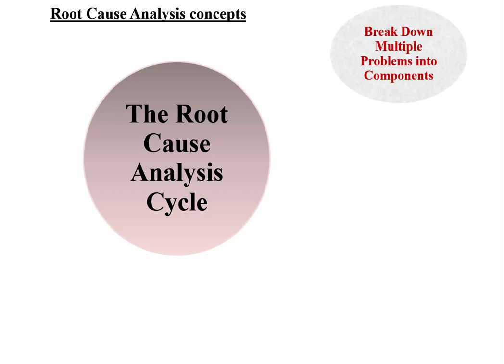The cycle starts by breaking down the big problem or multiple problems into small components. For example, if we have a very complicated system including multiple mechanisms, multiple stages or multiple disciplines, including, for example, electronic components, mechanical components, fuel components, driving component, driven component, first stage, second stage, and so on, we have to break down this multiple system into components.